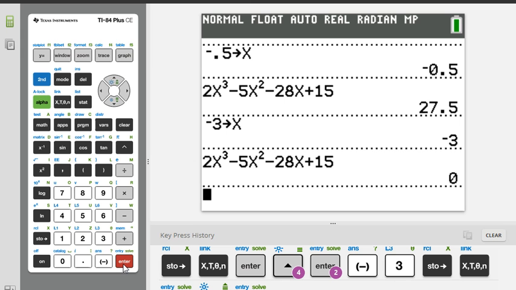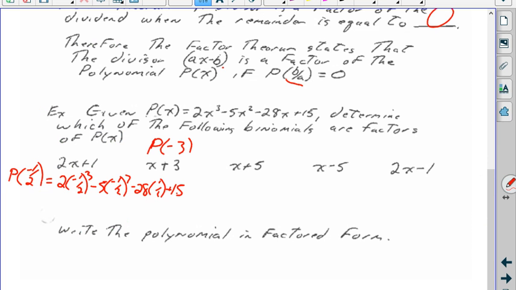Oh, hello. Yeah, it takes some time setting up, but it's easier than otherwise. So since p at negative 3 is equal to 0, this is one of our factors. Please go find me the other two factors I've got listed here.